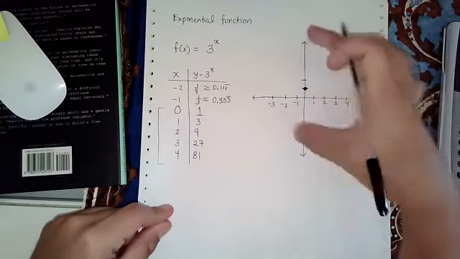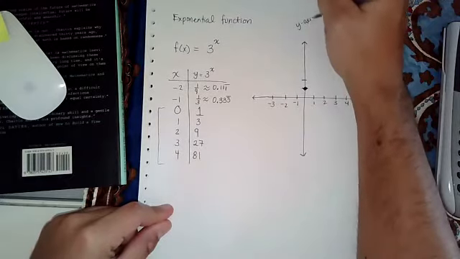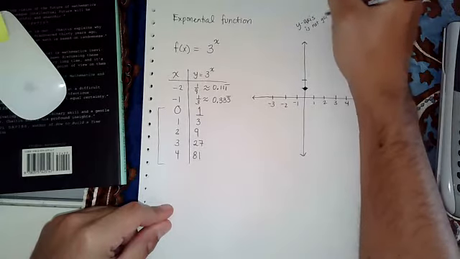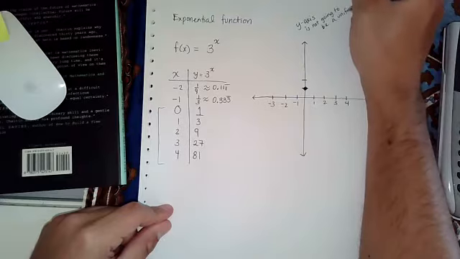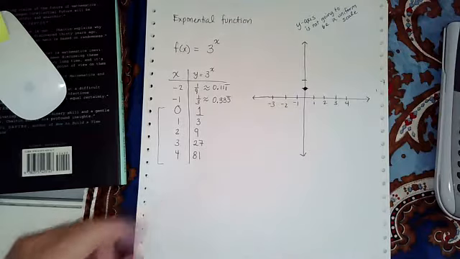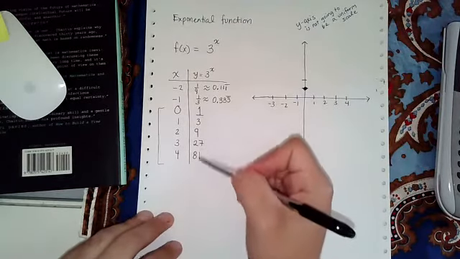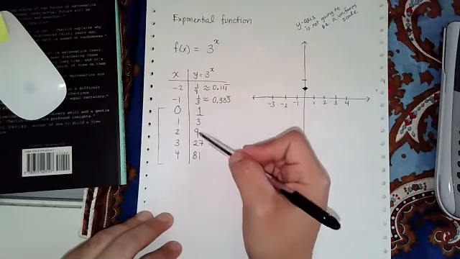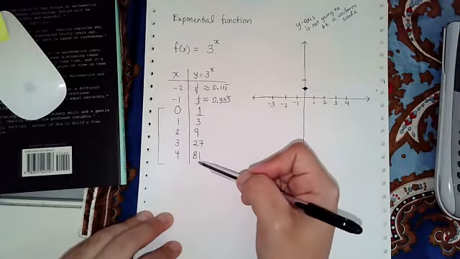You'll notice my scale for the y-axis is not going to be uniform. With exponential functions, they grow so quickly that it's difficult to plot the output axis because I have 1, 3, 9, 27, 81. These numbers get big really quickly.